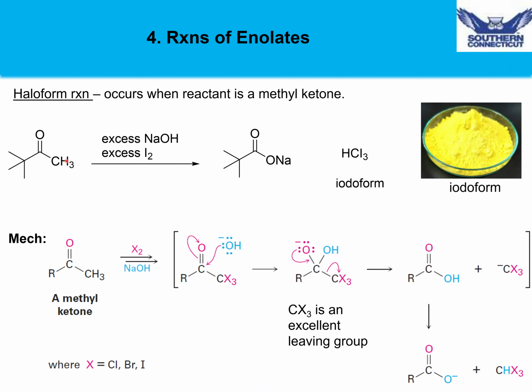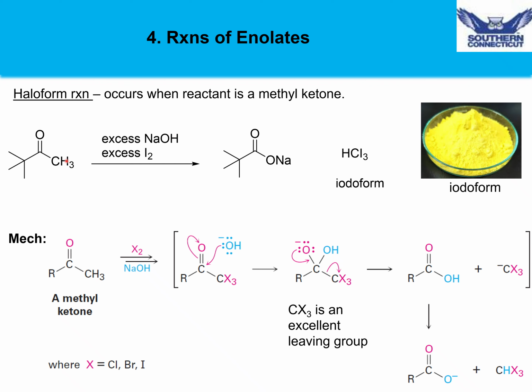Let's look now at the mechanism for this reaction. So if we start off with a methyl ketone and we add an excess of base, an excess of a dihalide like Cl2, Br2, or I2, we will initially replace all three alpha hydrogens on this methyl group with halogens.